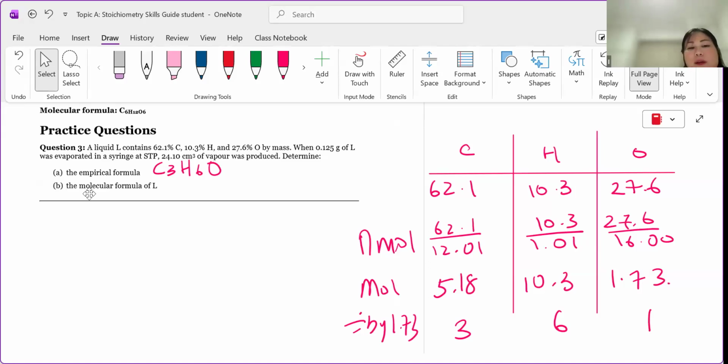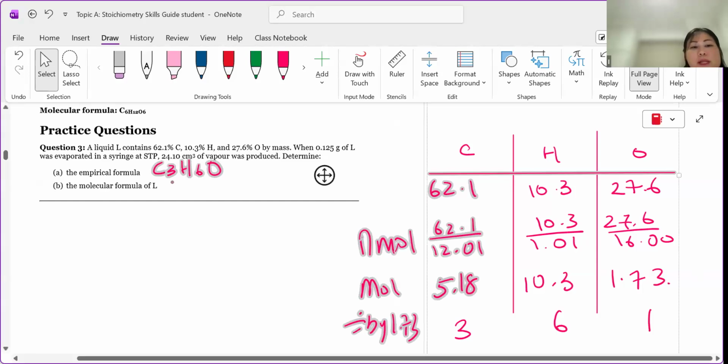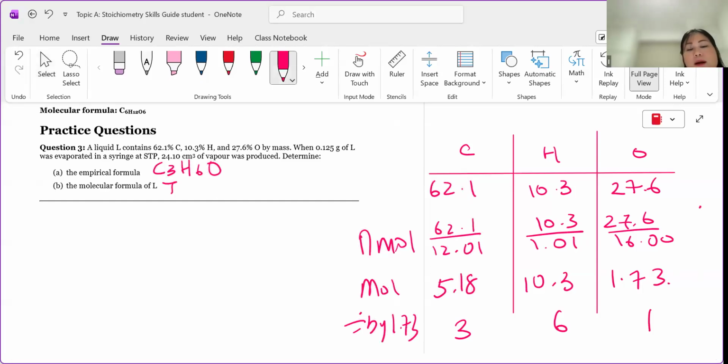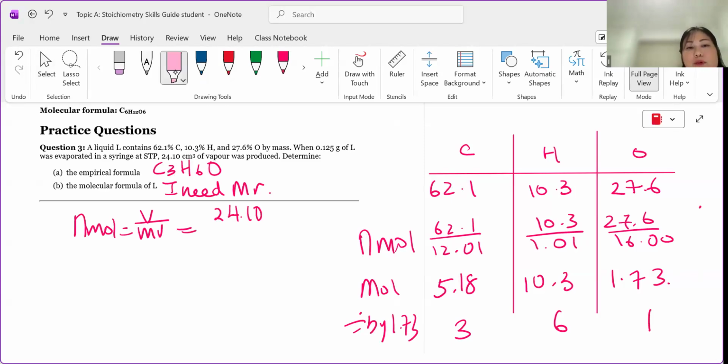Remember, if I have an empirical formula and I want the molecular formula, I need the MR. So I need to find the MR. I have a volume, and I understand that number of moles equals volume over molar volume. This is in cm cube, not dm cube, so you have to convert it to dm cube, or convert your molar volume. At STP it is 22.7 dm cube.